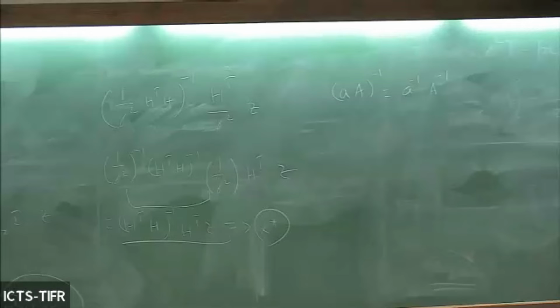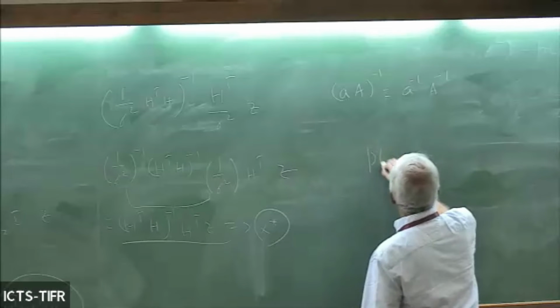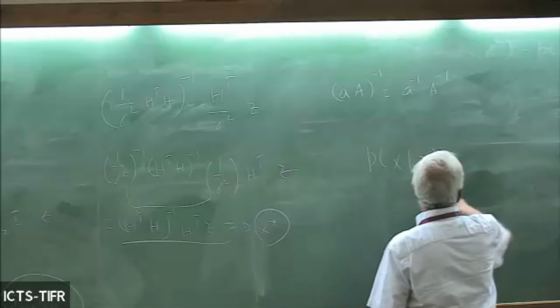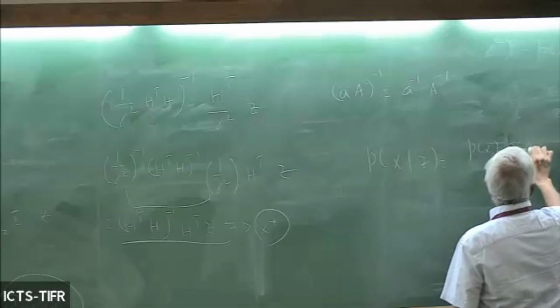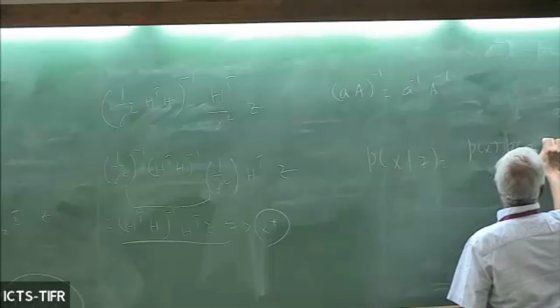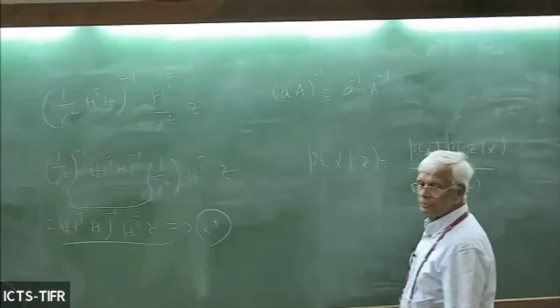I'm not going to do it in the space of probability density functions. You remember the Bayes rule he said? The posterior density of x given z is equal to the prior density of x times the density of the observation z given x, divided by pz. That's the Bayes rule.